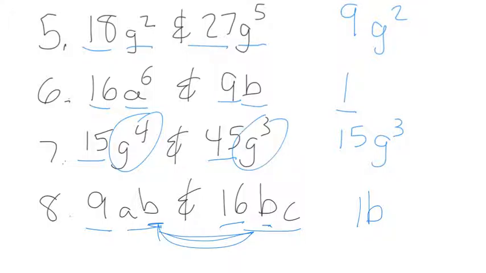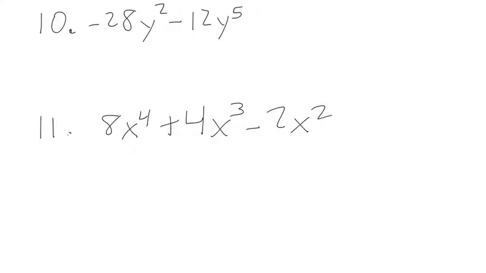Yes, sir. All right. So to answer these questions at the bottom of page 525, we're going to figure out what the GCF is of each of the terms. Between this term and this term, what's the GCF? Then we're going to divide both terms by that GCF so that we can figure out what the new binomial would be. All right, so what is the GCF?